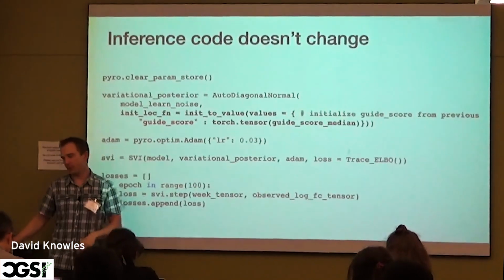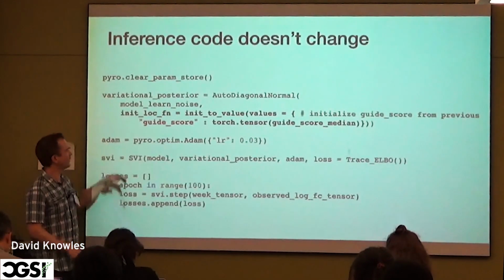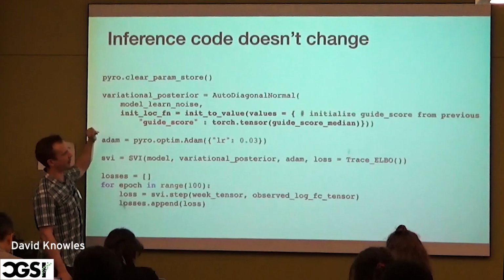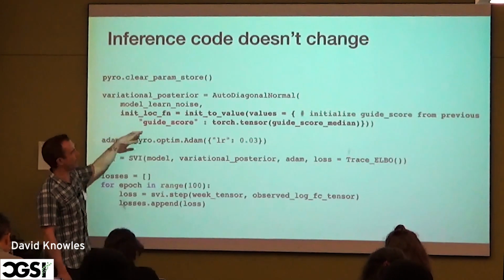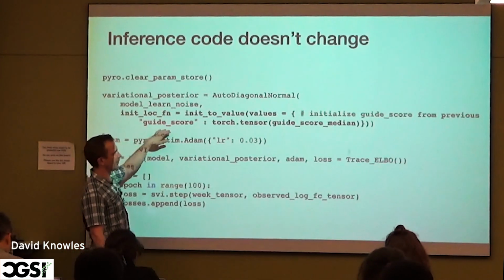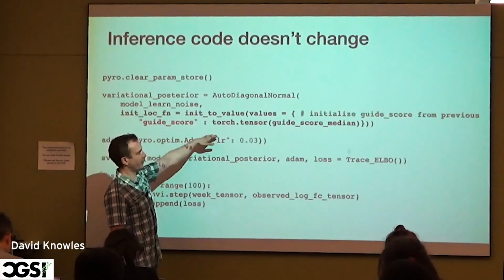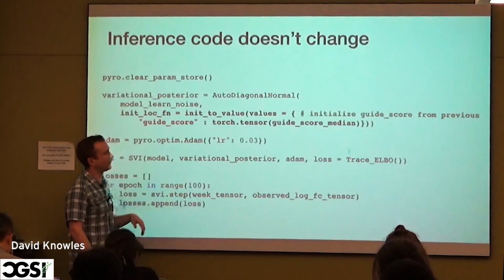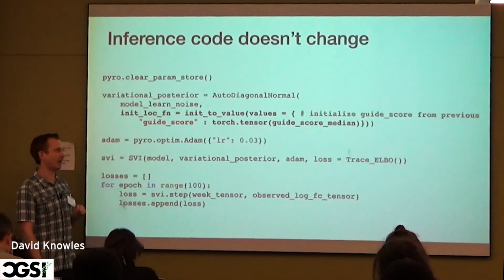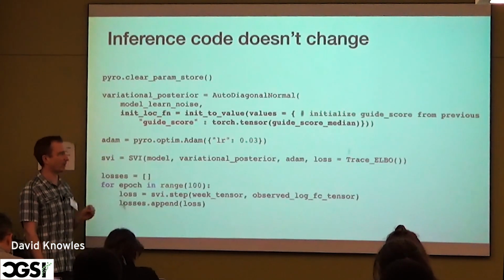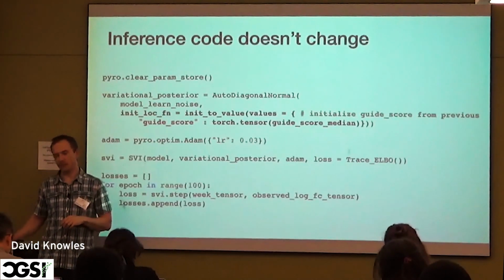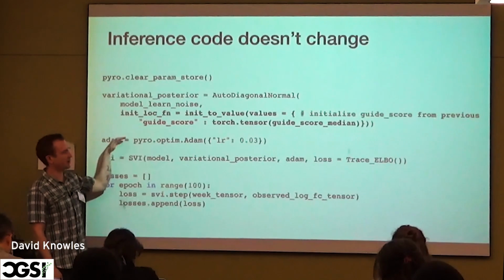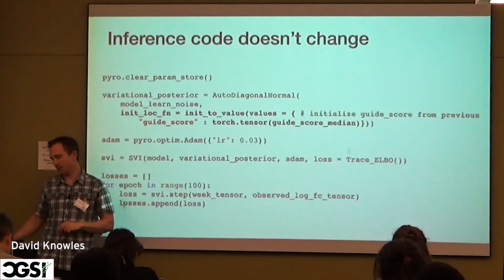The inference code doesn't change at all. The only thing I've added here, and you'll see this in the notebook, is that I'm initializing the guide scale parameter estimate to what it was from the previous fit. One of the common ways of making things work a bit better in these Bayesian models in general, but in Pyro in particular, is to give reasonable initializations to the model fits.